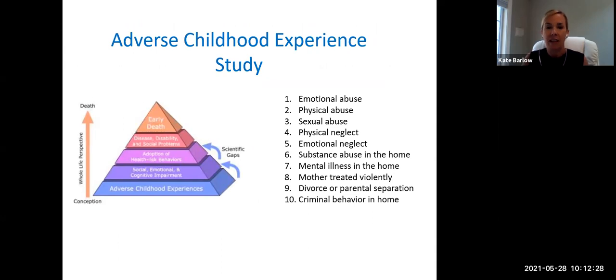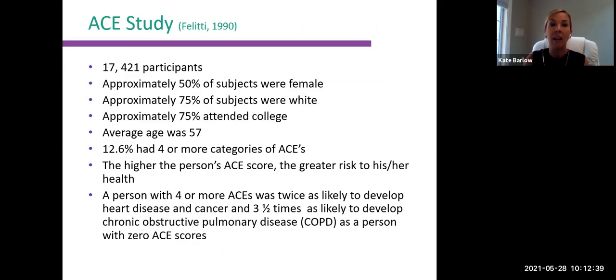So just to review the ACE study, these 10 experiences on the slide are what Nadine Burke was talking about for the Adverse Childhood Experience study. In the original ACE study by Felitti, there were 17,000 people, right? The average age was 57, and 12% of the subjects had 4 or more categories of ACEs.